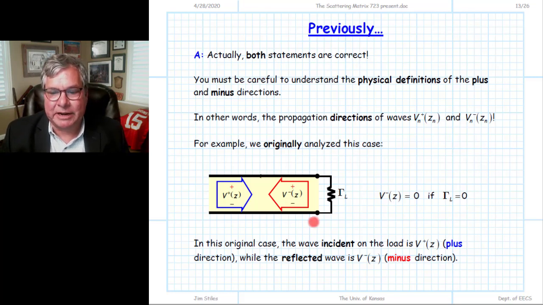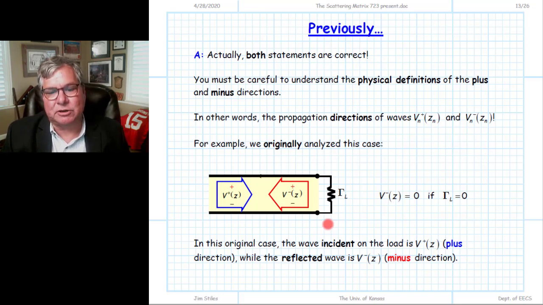Earlier, we talked about a terminated transmission line. We showed that if the load reflection coefficient were equal to zero, then there'd be no reflected wave. There would be a wave incident on that passive load, but if gamma L is equal to zero, there is no reflected wave, and that is absolutely true. In the case of the terminated transmission line, the incident wave generally was flowing in the direction of increasing z. Again, this is dependent on our index, and we can orient it any way we want.